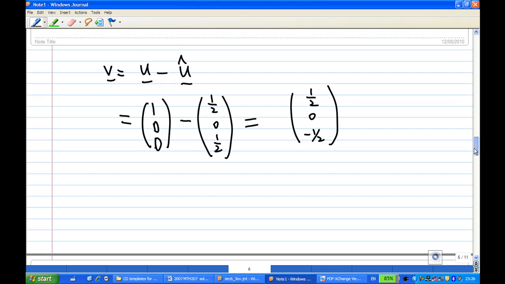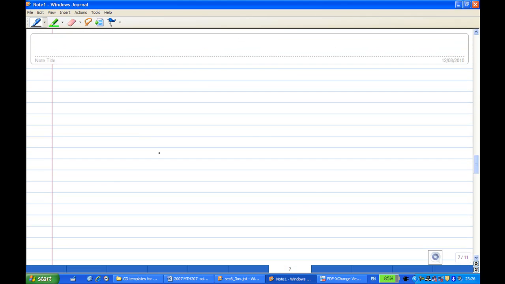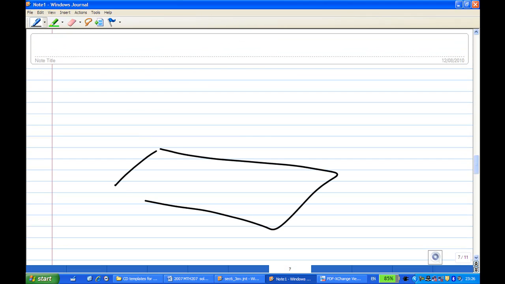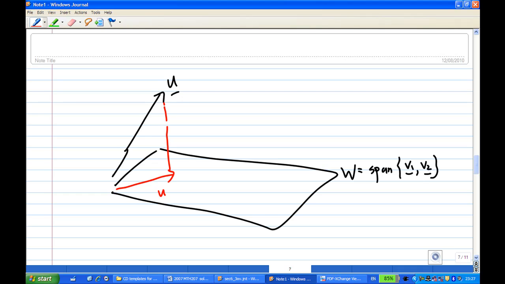So notice that we have found vector V now. The situation is this: we have the plane W, which is the span of V1 and V2, and we have a vector U in space. This vector U can be decomposed into two parts. The part on the plane is called U cap. The part perpendicular to the plane is called V. We have found both U cap and V now.